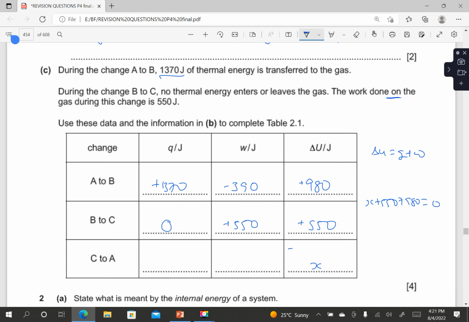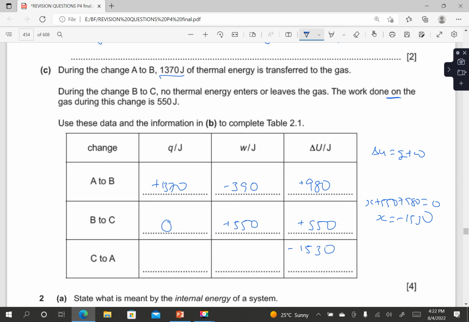So x is negative 1530 joules. So this means our x is negative 1530. That one we have finished.